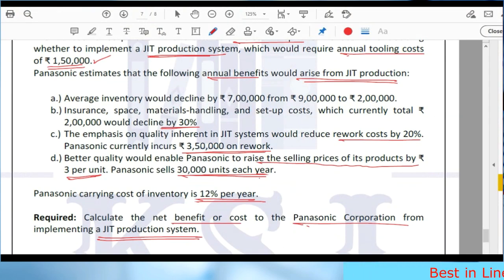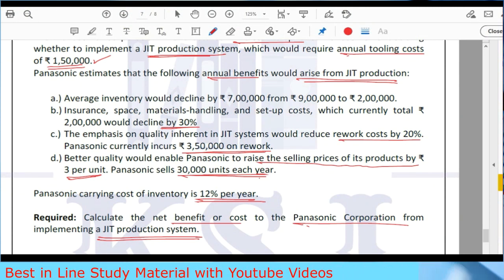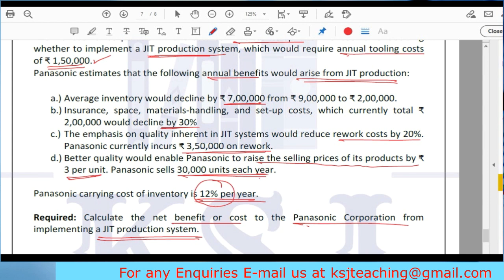First, the average inventory would decline by 7 lakh rupees, from 9 lakh to 2 lakh. Now the average inventory held has declined, so it will have an impact on the carrying cost. Your carrying cost for this 7 lakh rupees inventory will decrease. There will be a saving, and the carrying cost is 12%.